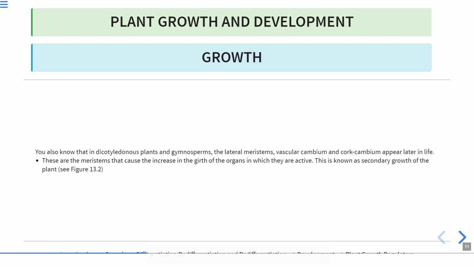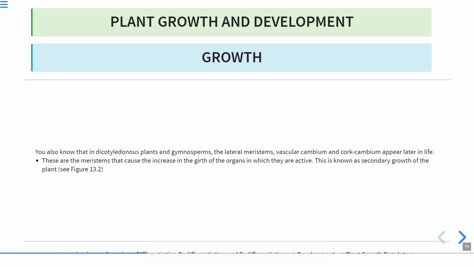Open type of vascular bundles they have, dicots and the gymnosperms. So the vascular cambium and the cork cambium appear later in life, and they increase the girth, or you can say the diameter, of the stem. So these are the meristems that cause the increase in the girth of the organ in which they are very active. This is known as secondary growth of the plant.